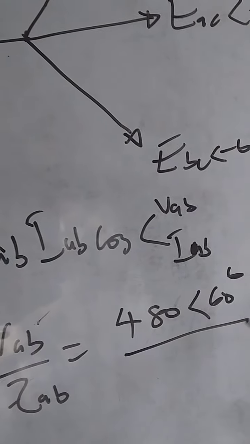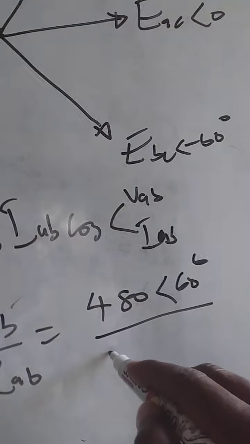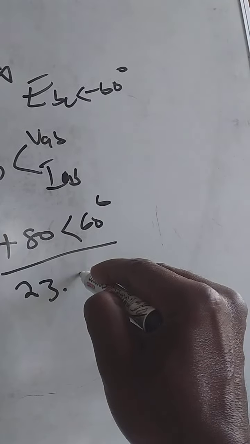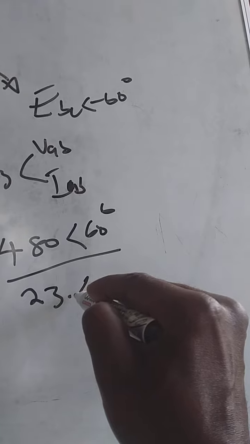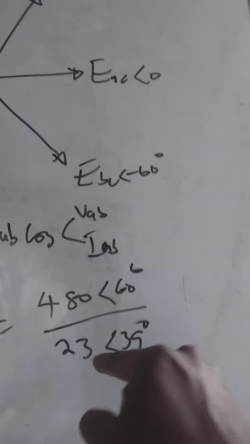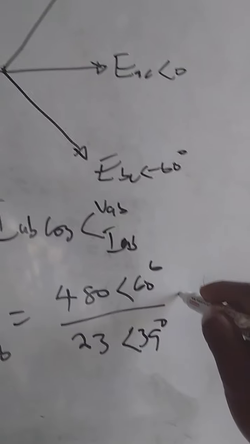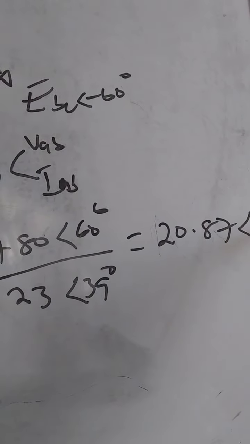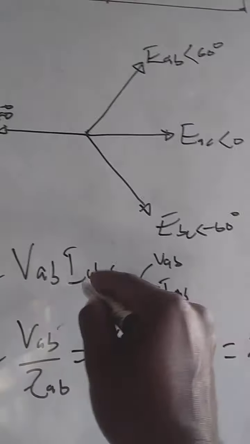Divided by ZAB, which is given as 23 at angle 39 degrees. That is our IAB, which eventually gives us 20.87 at angle minus 21 degrees amps. So we have our IAB.